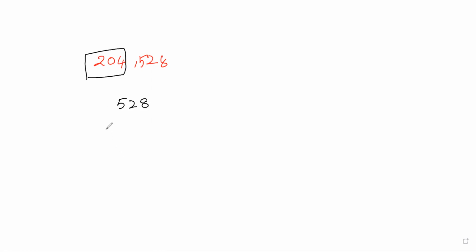How many times can you take? 2 times. So minus 408 you can subtract. Then you are getting 120. Now in this case, the prime factorization of 120 is difficult for me and you also. For that we have to do another step also.